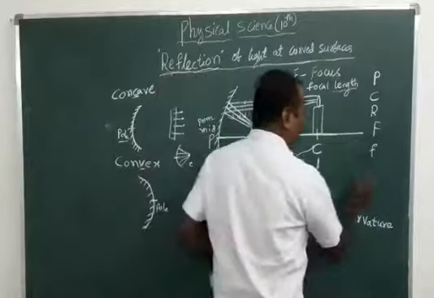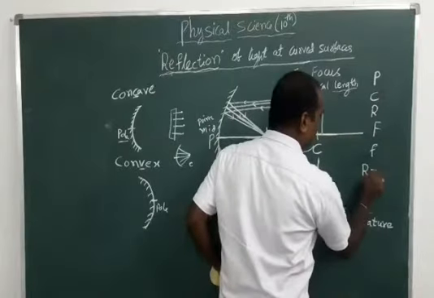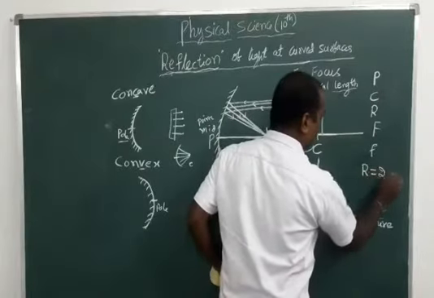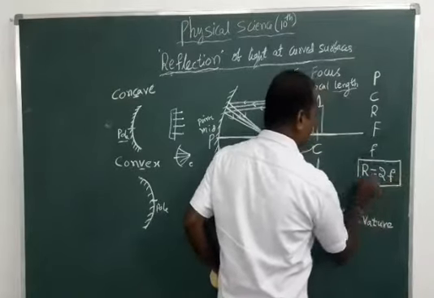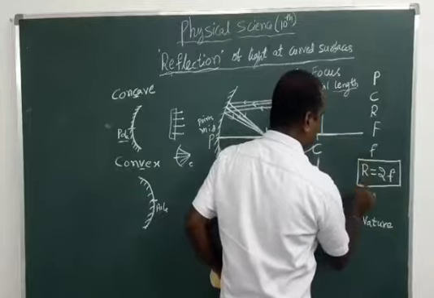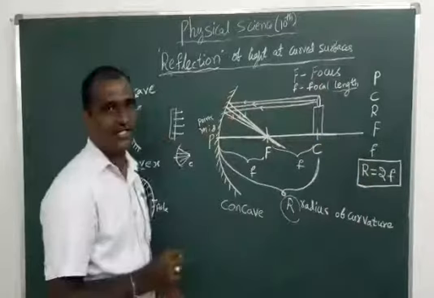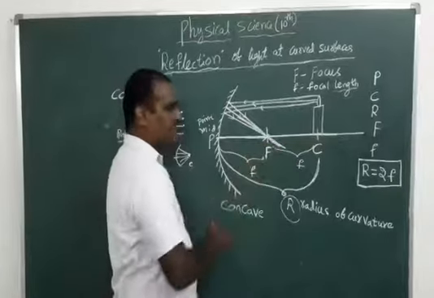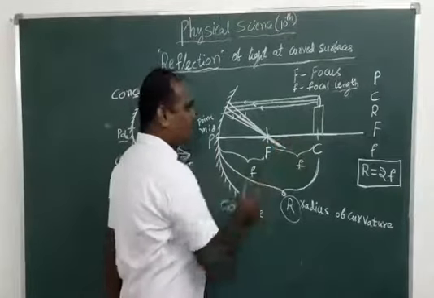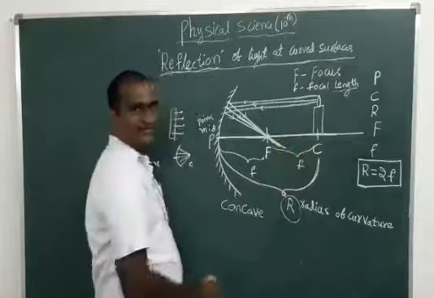So it is very important and it is an important formula also. The radius of curvature is double of focal length, because in the radius of curvature only two lengths are there. These two lengths are equal and each length is called focal length.